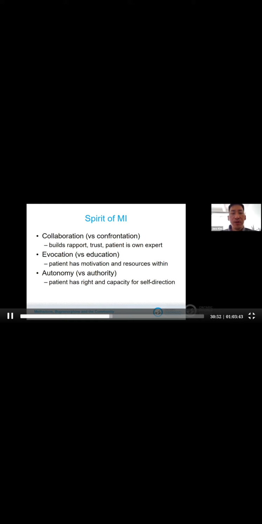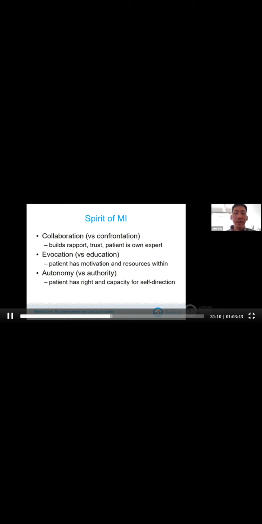Evocation, so the patient has the motivation and resources within themselves. And finally, autonomy. So the autonomy just means that the patient has the right and capacity for self-direction.